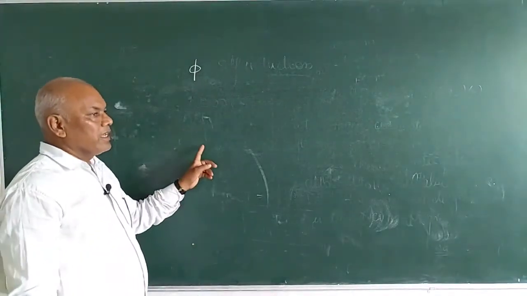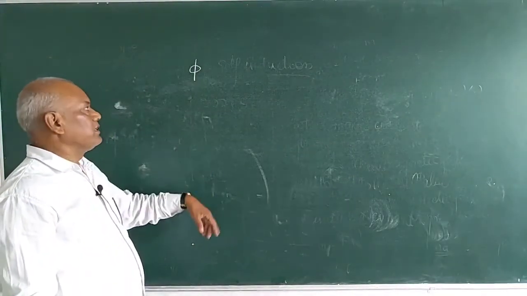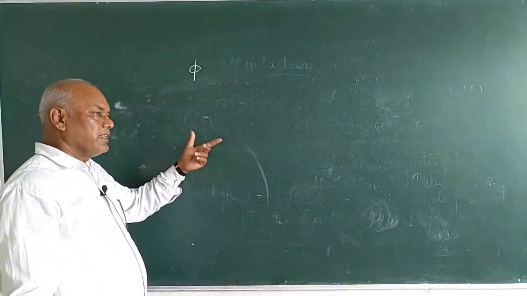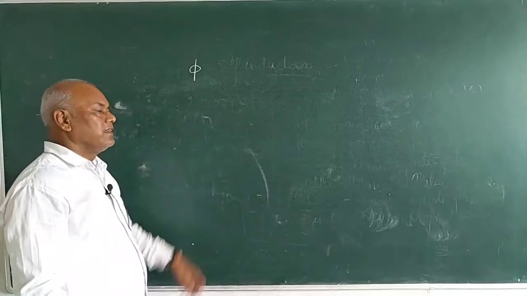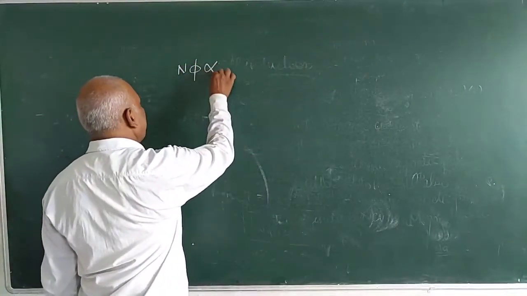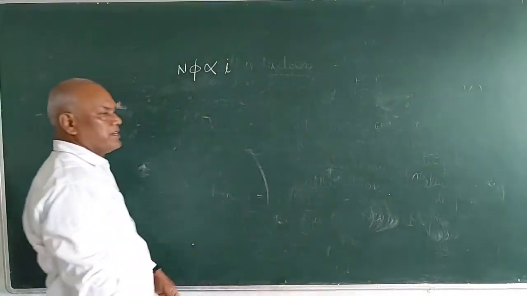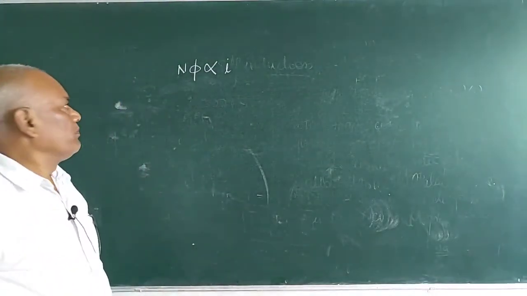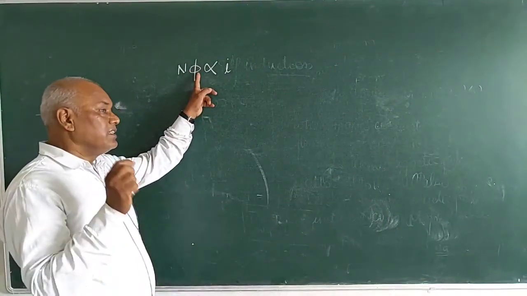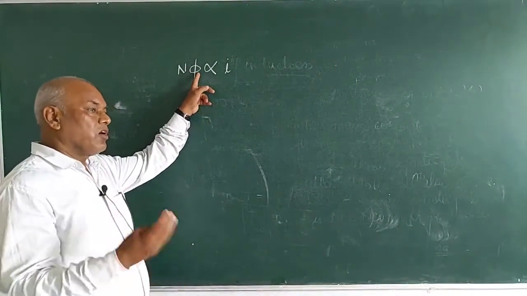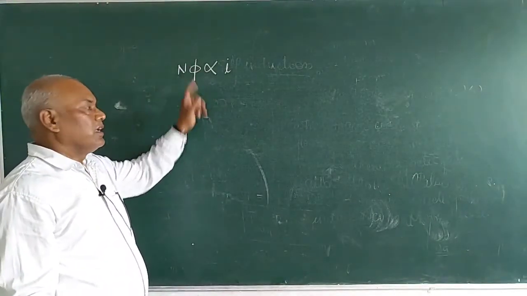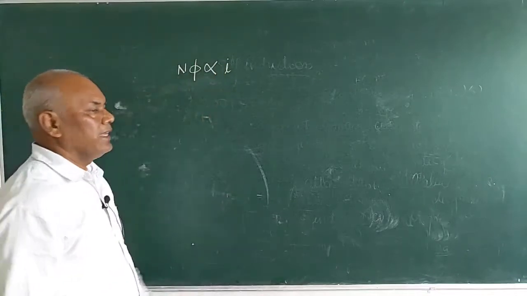Therefore, when we increase the value of the main current, this phi also increases, and when we decrease the main current in the coil, then phi decreases. So we can say that N phi is directly proportional to the main current flowing in the circuit. N phi is called flux linkages, meaning the total number of turns attached to the coil. So N phi is proportional to I.